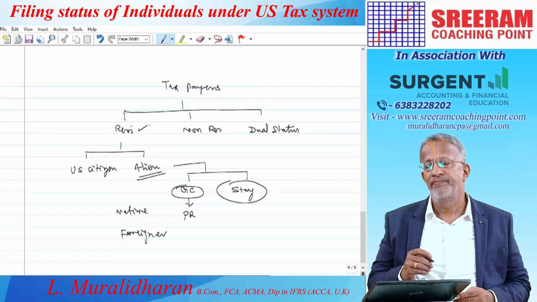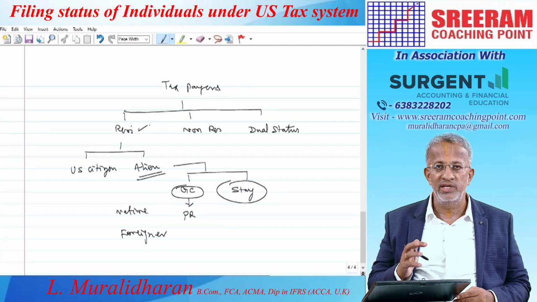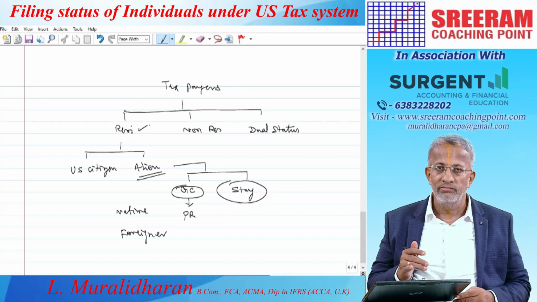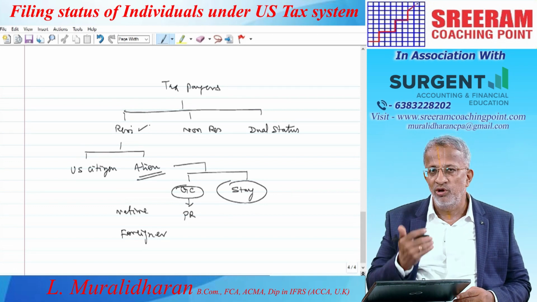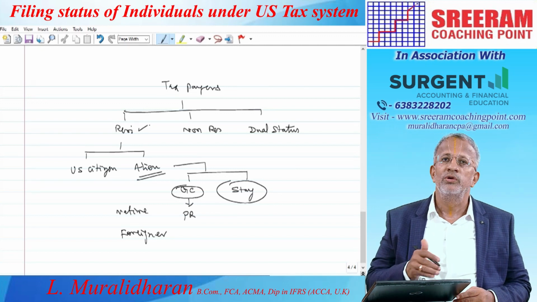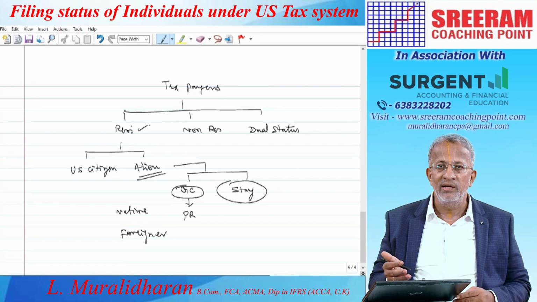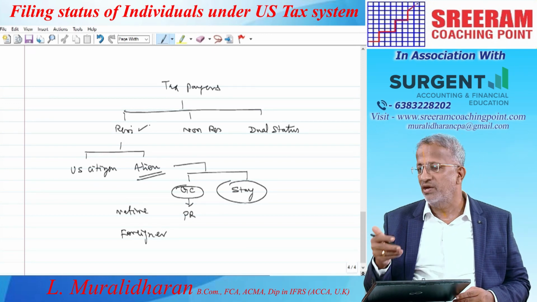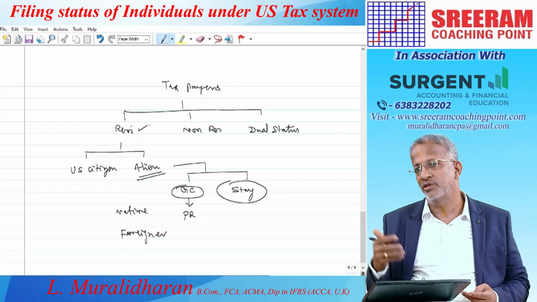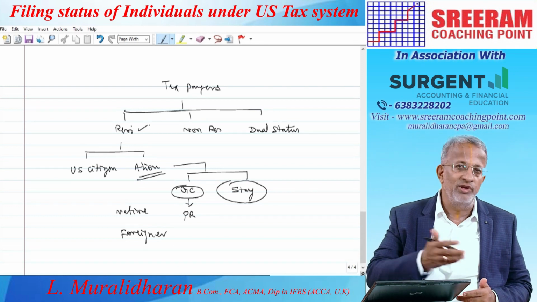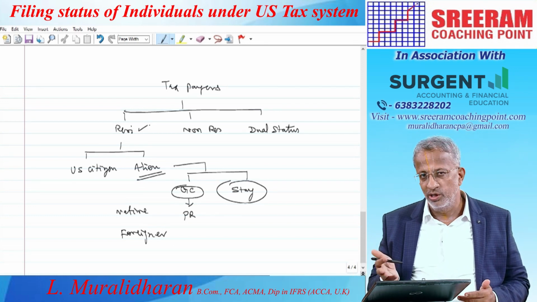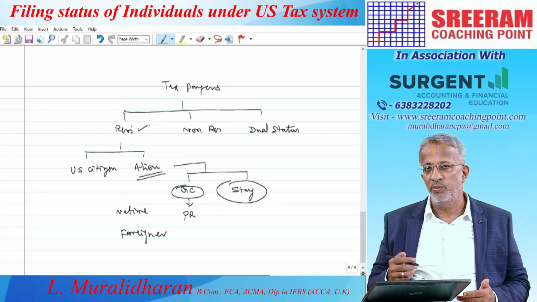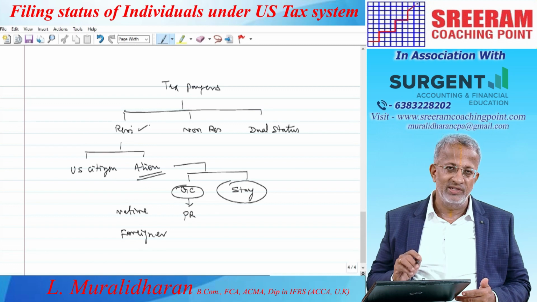Let me repeat, there are three classifications: resident, non-resident and dual status. Residentship you get through one, being a natural US citizen, then number two, where you have the green card, or through the test, I mean the stay test, that we will be discussing in greater detail, because at the introductory part itself we do not want to communicate all those conditions and computations for the stay test.